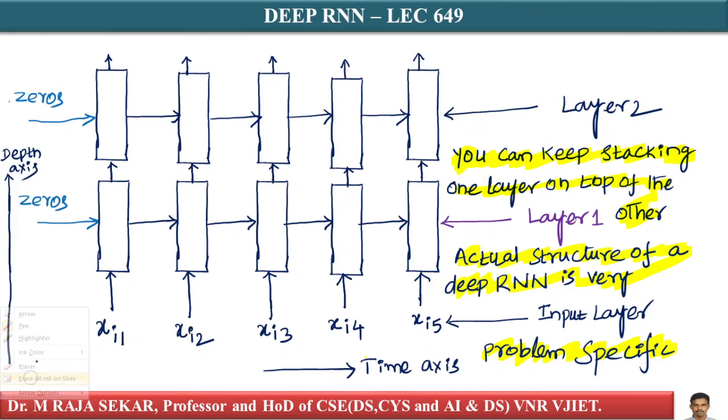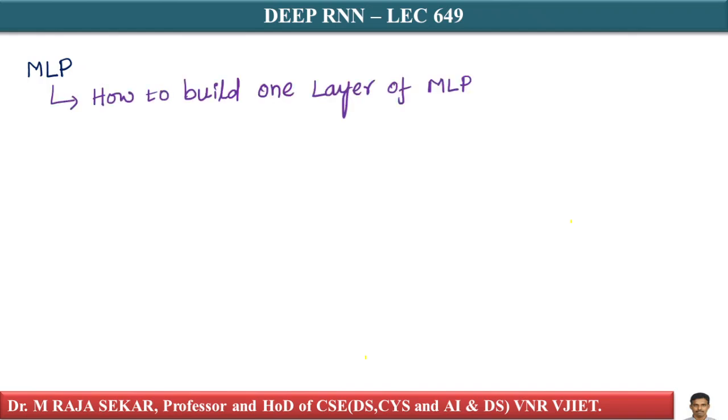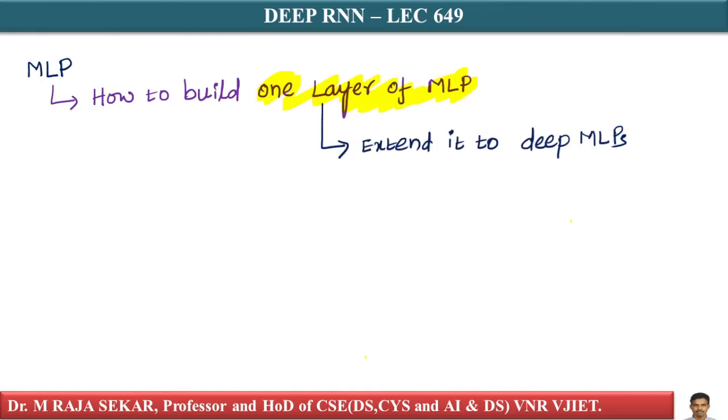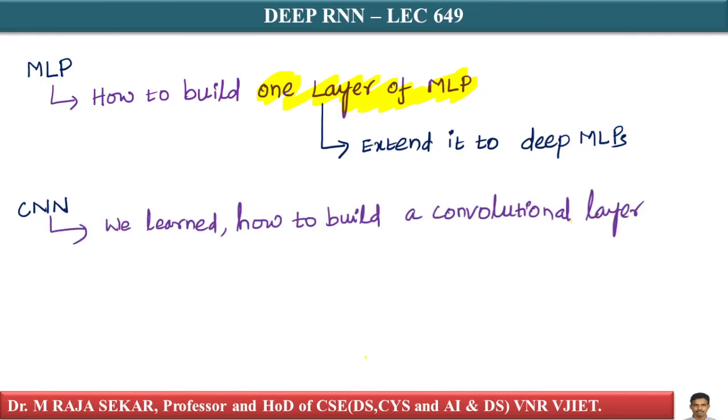In this lecture, we will try to understand deep RNN. If you recall in MLPs, we first learn how to build one layer of MLPs and then we extended it to deep MLPs. Similarly, even in CNN, we learned how to build a convolutional layer and max pooling layer.